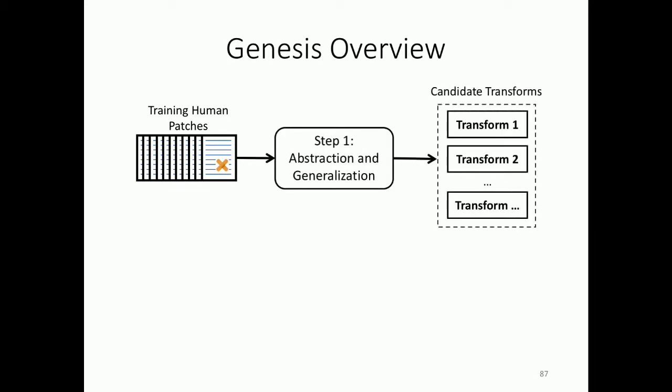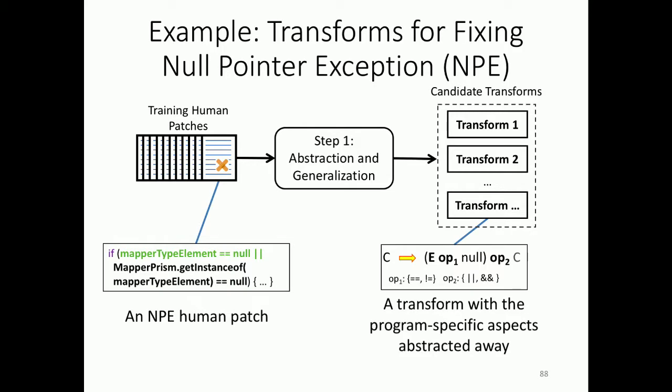Starting from a set of human patches, the first step to infer the transform rule is to do abstraction and generalization to summarize the high-level actions developers did in those patches. And here's a concrete example. Suppose we have a patch that fixes null pointer exception errors. Here, this patch just adds a new clause to check something against null.